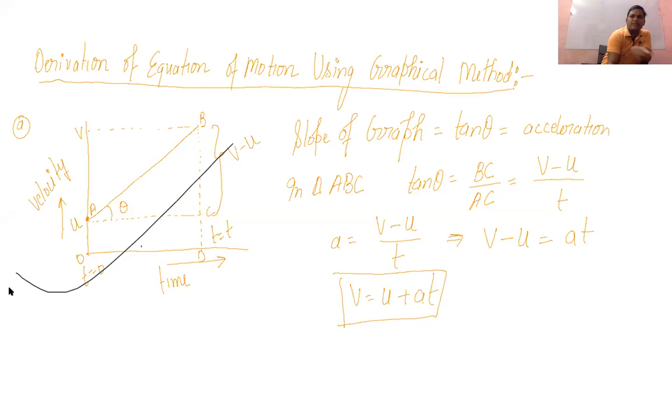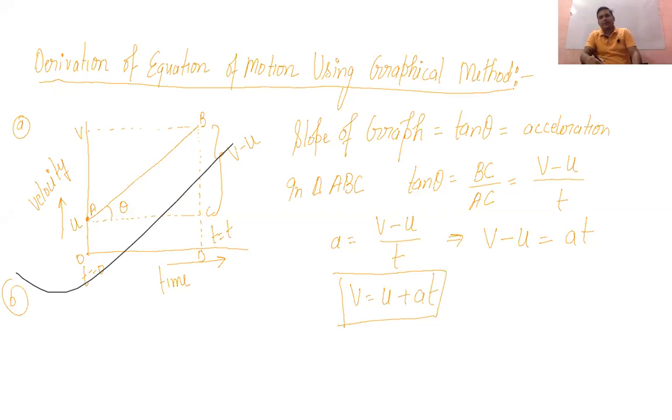Okay. Coming to the next aspect of this. What will be the next aspect? That is, if you are willing to calculate the area under this graph. I already told you that area under the velocity time graph gives the distance or displacement.